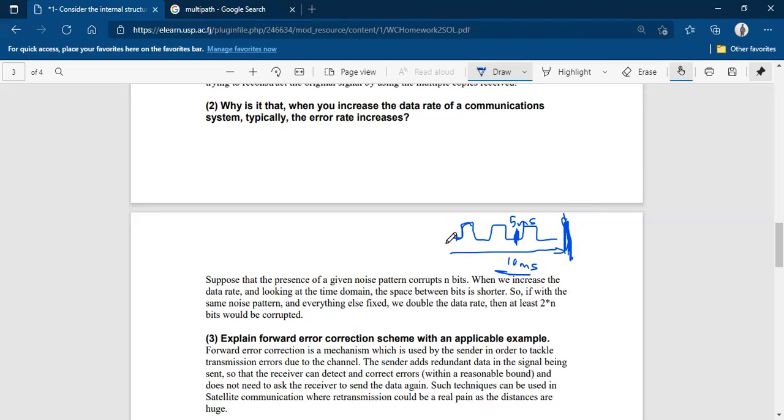So if we double the rate of this particular signal, the time taken for the signal from this particular point to this particular point will decrease to 5 milliseconds, and the error occurring will now be at 2.5 milliseconds, right?